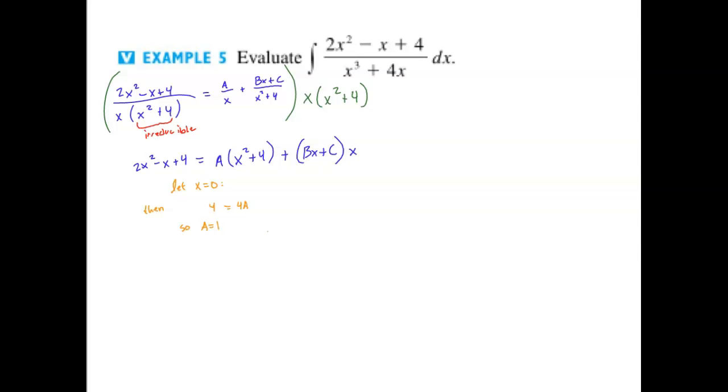So I could rewrite my equation as 2x squared minus x plus 4 equals, now A is just 1, so that's just x squared plus 4. And I'm going to distribute my x, so I'll have Bx squared plus Cx.